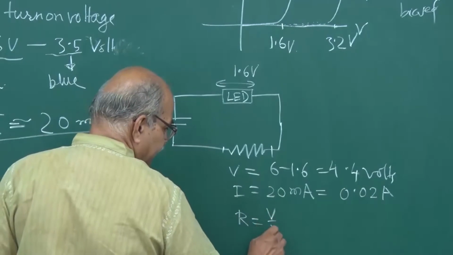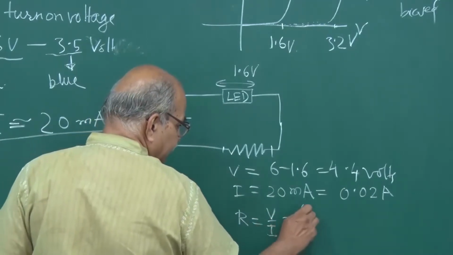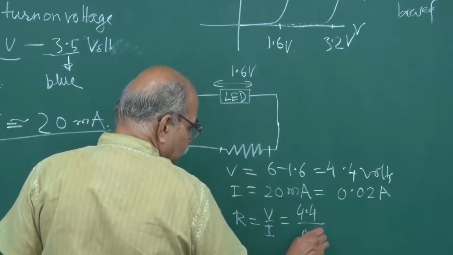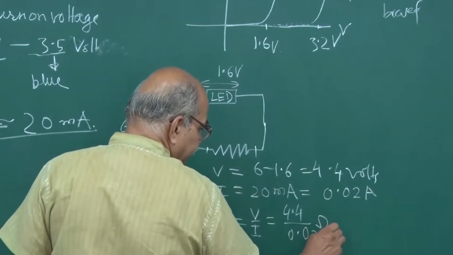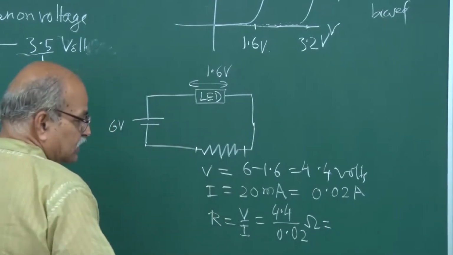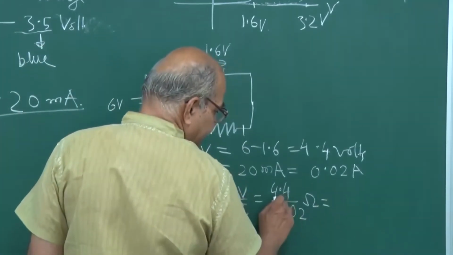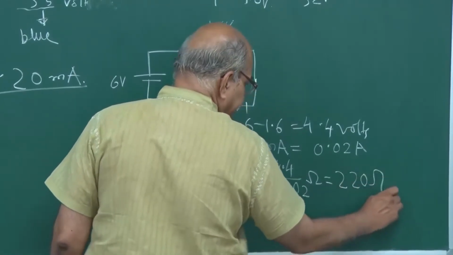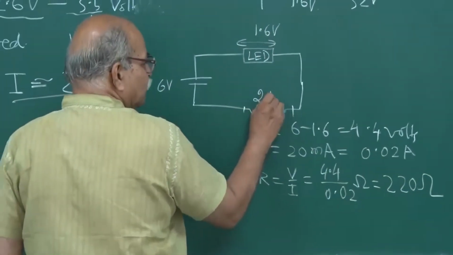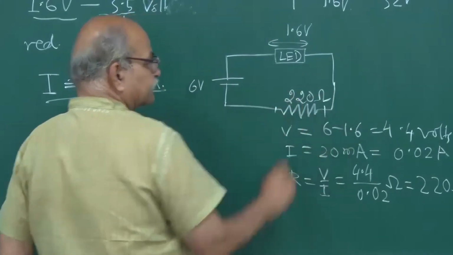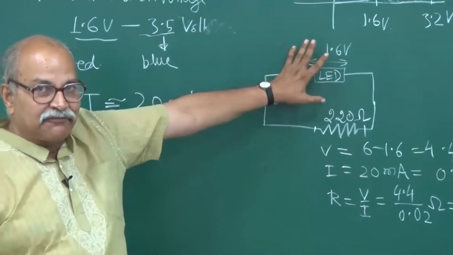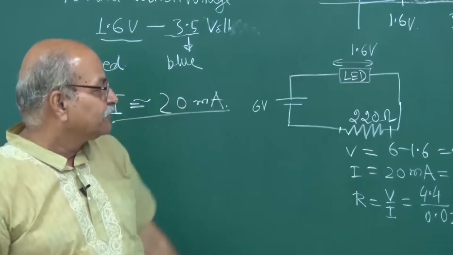Resistance should be V by I, and that is 4.4 divided by 0.02 ohm. So how much is that? 440 by 2, 220 ohms. So you should put a 220 ohm resistance here, so that it is running safe.